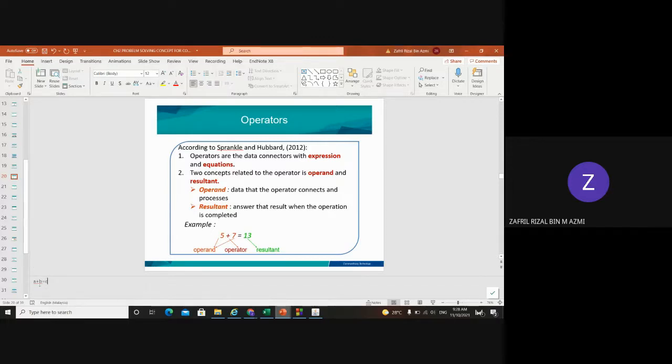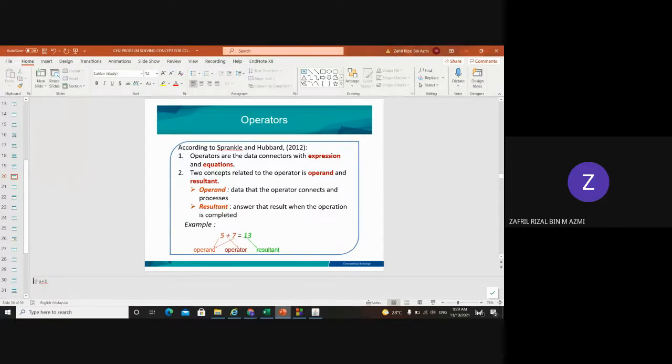Because if you put it like this, it means that you want to store the value of C inside of B and A plus B. The meaning is wrong. If you put it like this, it means that you want to store the value of A plus B to variable C. That meaning is correct.